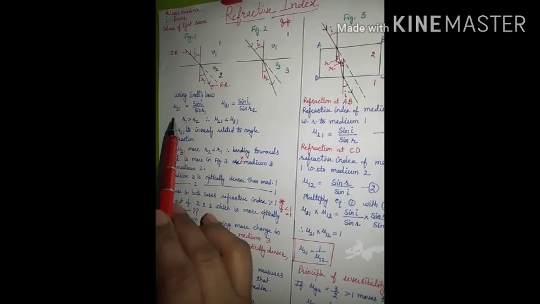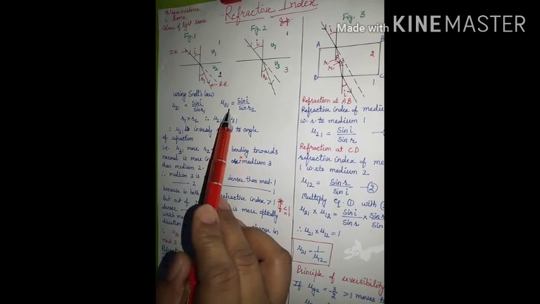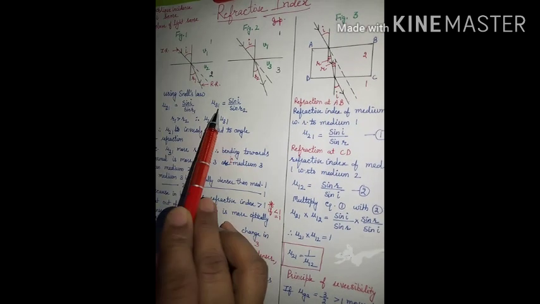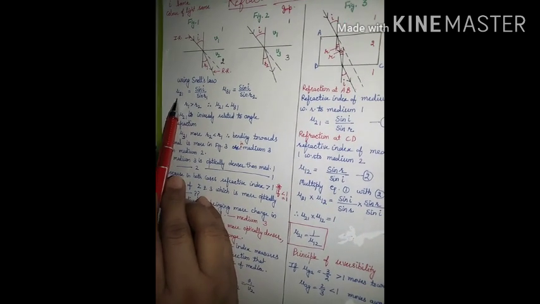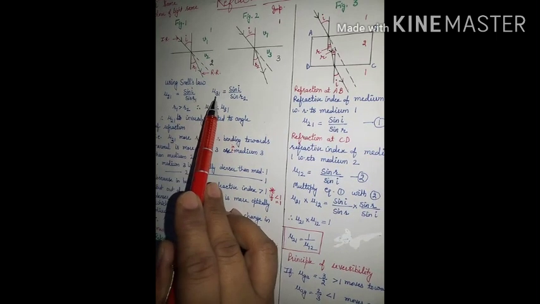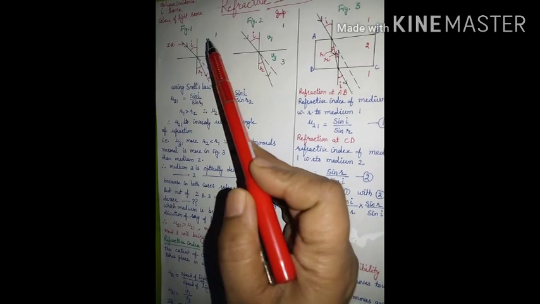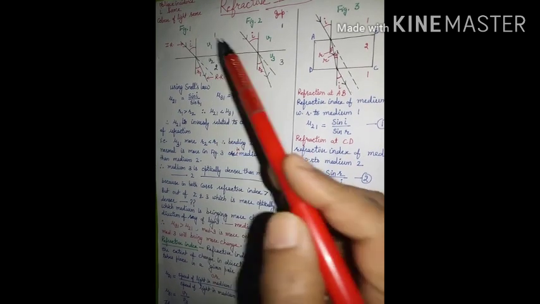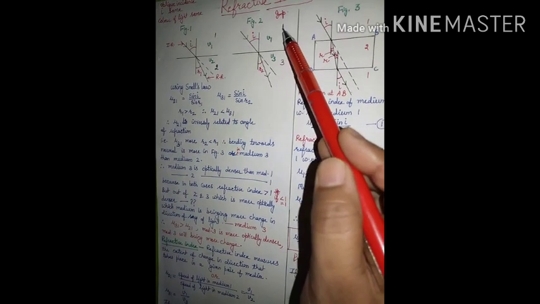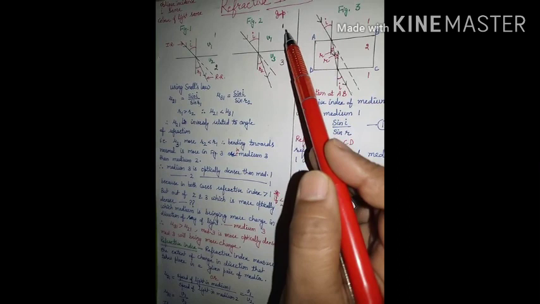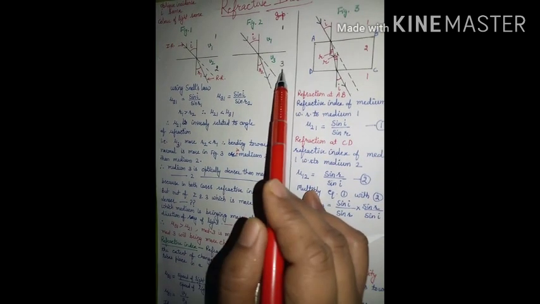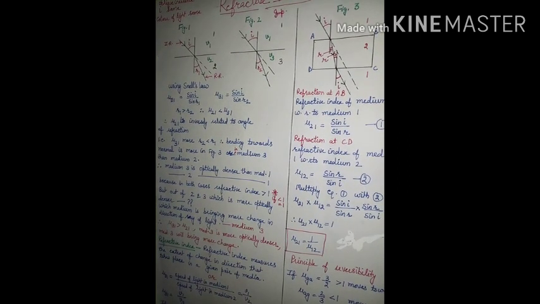But out of mu21 and mu31, which one will be greater? Mu21 will be less and mu31 will be greater. Medium 2 is optically denser than medium 1. Medium 3 is optically denser than medium 1. But out of 2 and 3, which medium is optically denser?